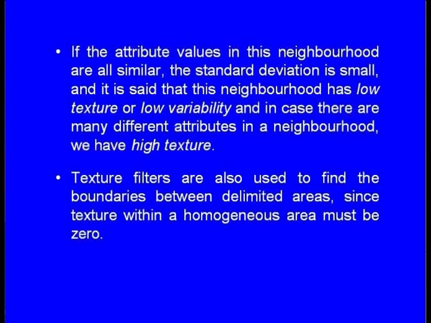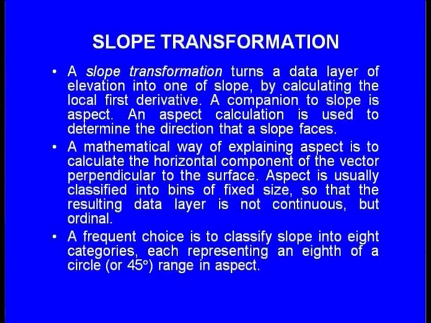Texture filters are also used to find the boundaries between delimited areas, since the texture of a homogeneous area must be equal to 0. Another type of neighborhood analysis is slope transformation. A slope transformation turns a data layer of elevation into one of slope by calculating the local first derivative. A companion to slope is aspect.